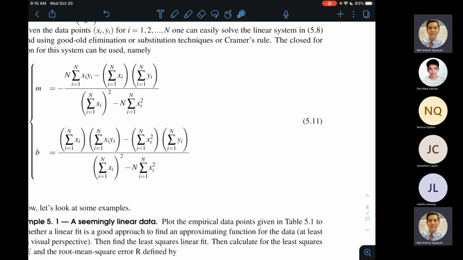Okay? And we are assured that the best linear fit will be that linear function with slope given by m and intercept given by b. Kasi ito na yung sasabihin natin, linear, ano nga tawag? Linear least squares fit para dun sa given data.